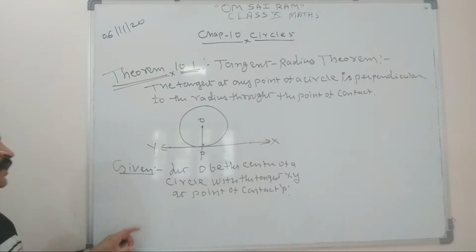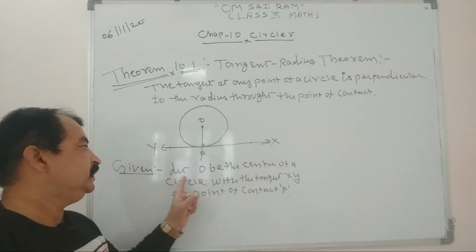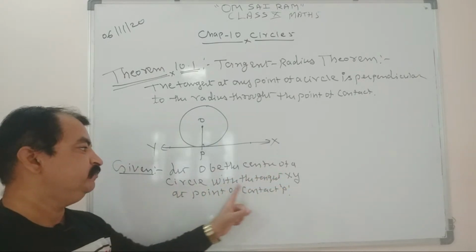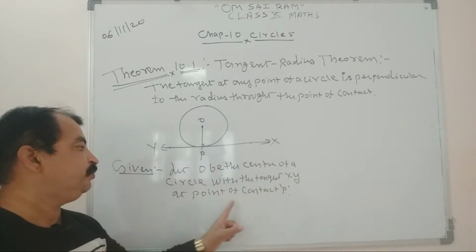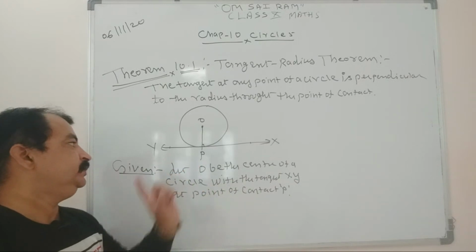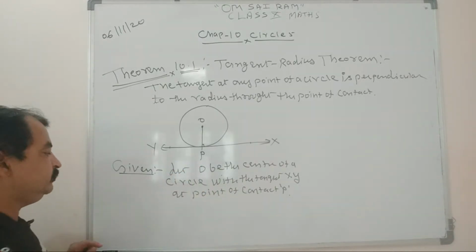Right? So this is the given according to the statement and the figure we drew: let O be the center of a circle with the tangent XY at point of contact P.